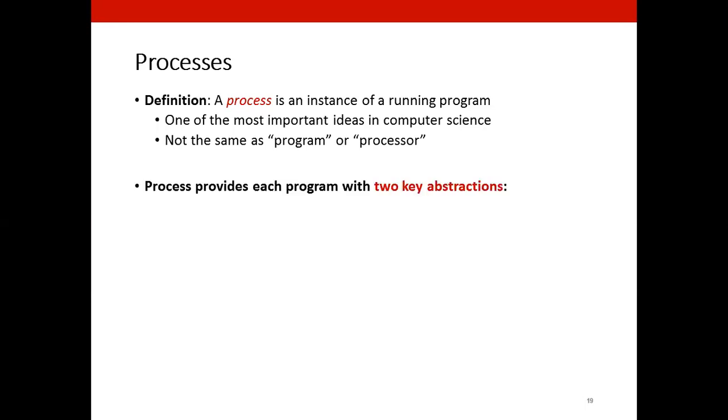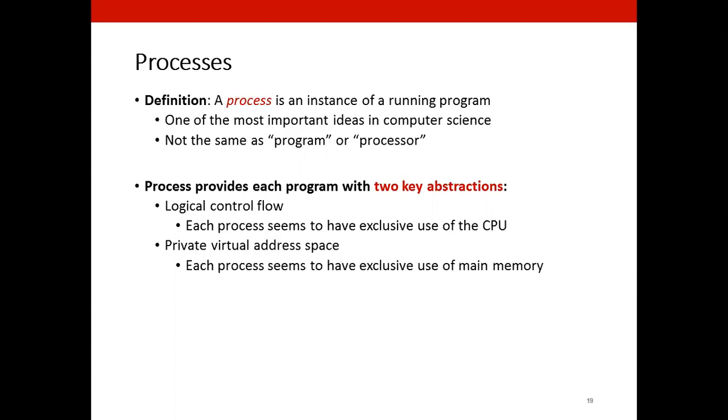So a process provides each program with two key abstractions. Logical control flow: each process has the illusion that it has full control of the CPU, as the exclusive use of the CPU, whereas in reality, this is not the case. However, the process gives this abstraction to the program that it has full control of the CPU, and that the program has a private virtual address space that gives the illusion to each process that it has control of the entire memory and no one is using that memory.